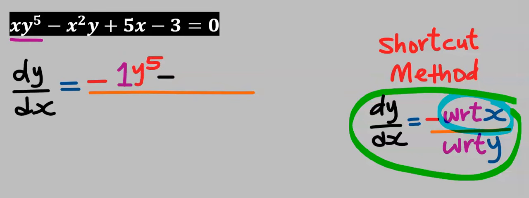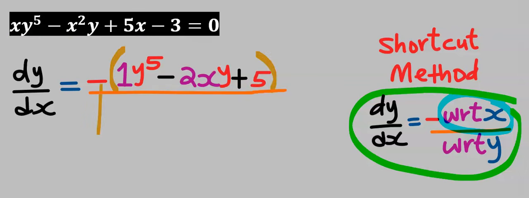Next, in the next variable, I will differentiate x squared and I'm going to have 2x. However, I will ignore y. Next, I will differentiate 5x and I'm going to have 5. Next, if you differentiate minus 3, it is 0. Remember to put it in bracket because of this negative, which is in the formula.